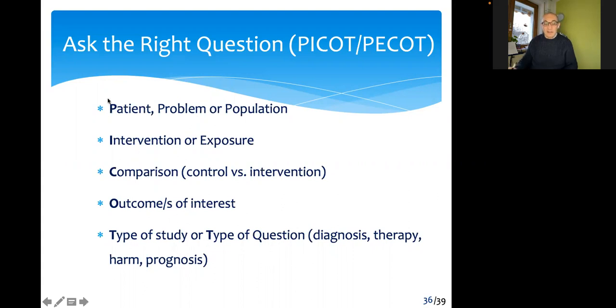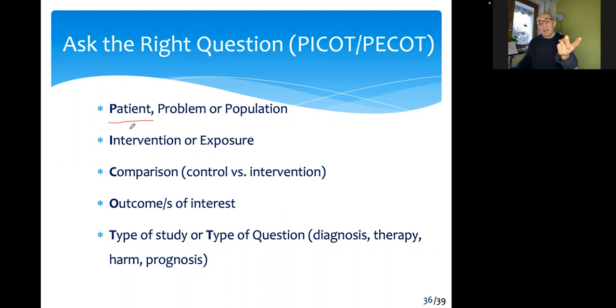But once you have understood what it means, it is very easy to remember. Each question must have these 4 or 5 components. First, if you ask as a doctor a clinical question, you must mention in your question your patients, your population, or the problem you are addressing.